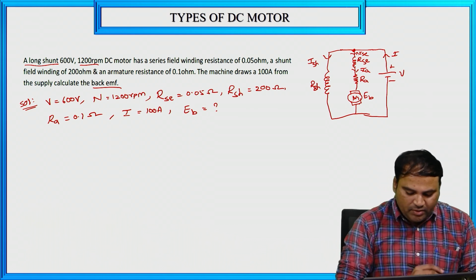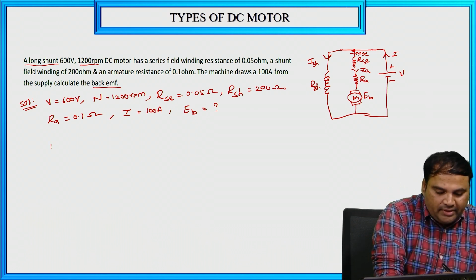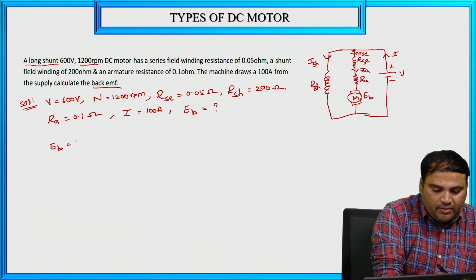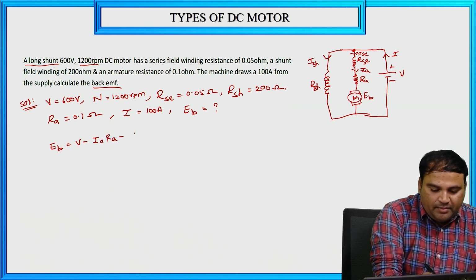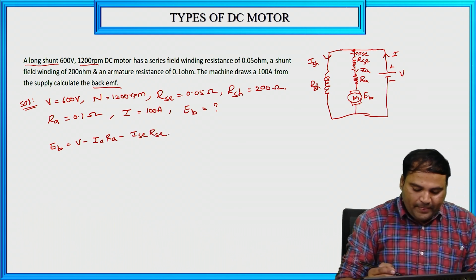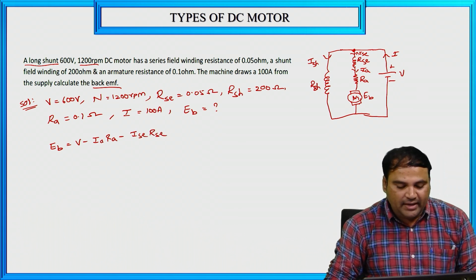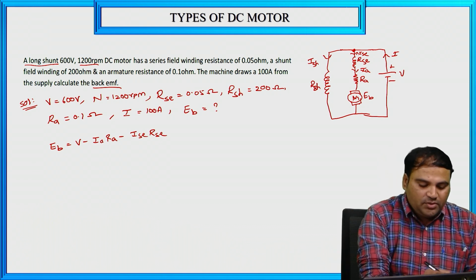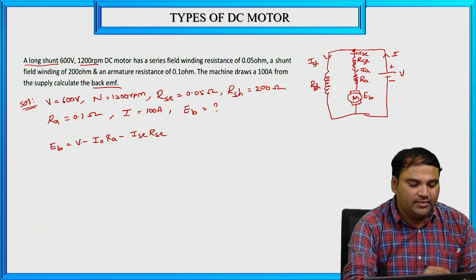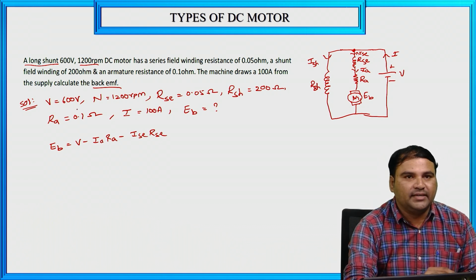So already we know EB equal to V minus IA RA minus ISC into RSC. Here the total voltage is given, V equal to 600.